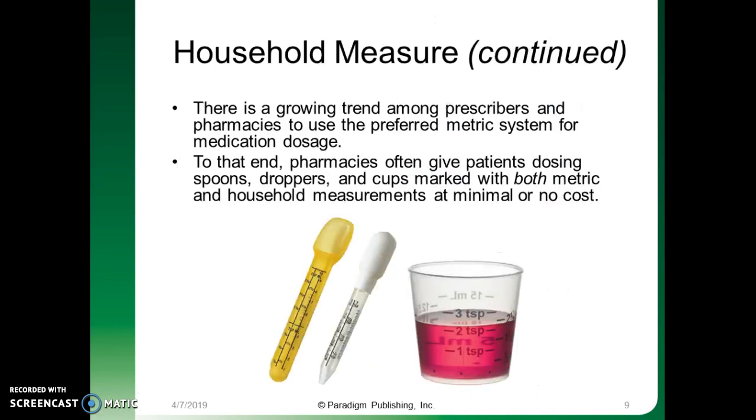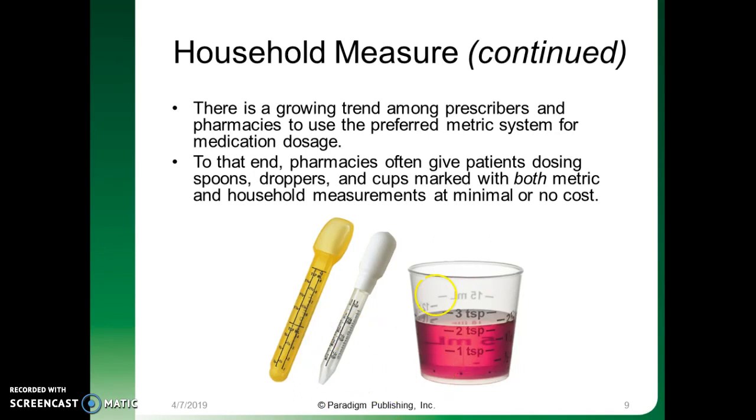There is a growing trend among prescribers and pharmacies to use the preferred metric system for medication dosages. To that end, pharmacies often give patients dosing spoons, droppers, and cups marked with both the metric and the household measurements at minimal or no cost.